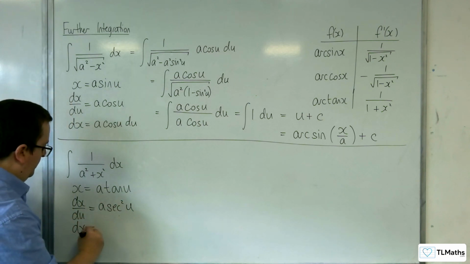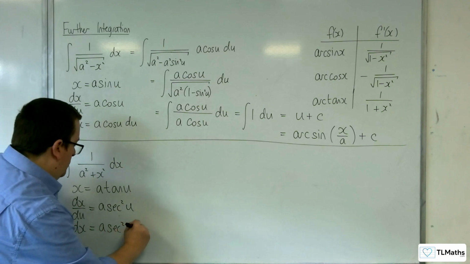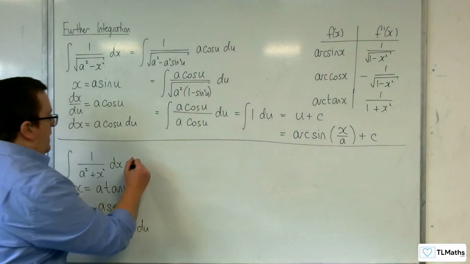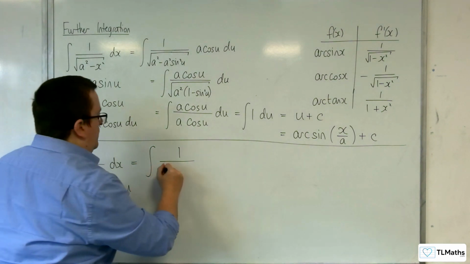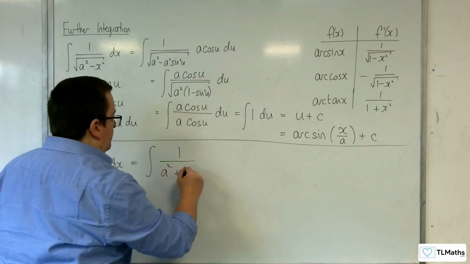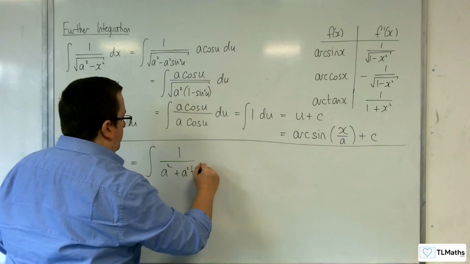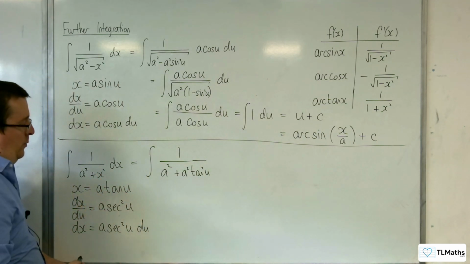So dx is equal to a sec squared u du. So we have the integral of 1 over a squared plus x squared, which is a squared tan squared u, times dx, which is a sec squared u du.